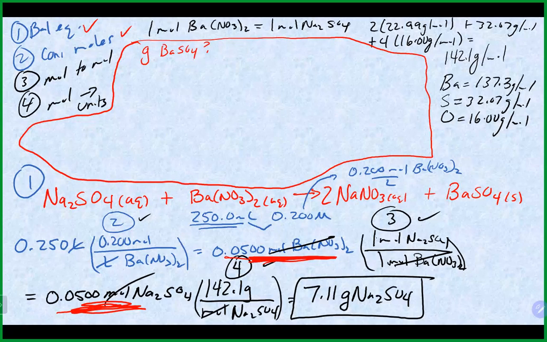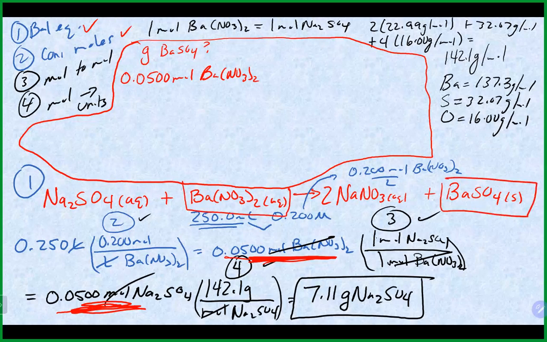So we do have our barium nitrate moles, which was 0.05 moles of barium nitrate. And since we're going to use this moles, we want the relationship now between barium nitrate and barium sulfate, which is a 1-to-1 relationship. Again, won't always be 1-to-1, happens to be in this case, so that makes the math not too bad.